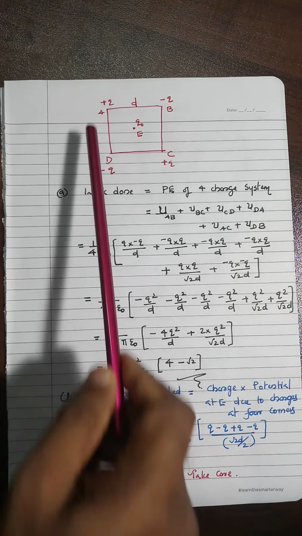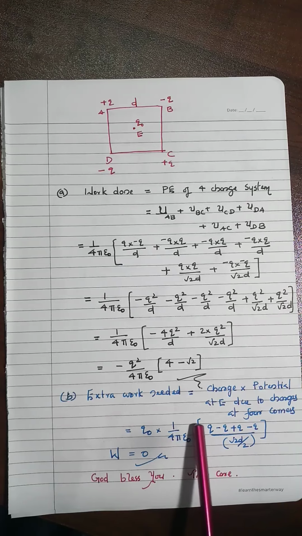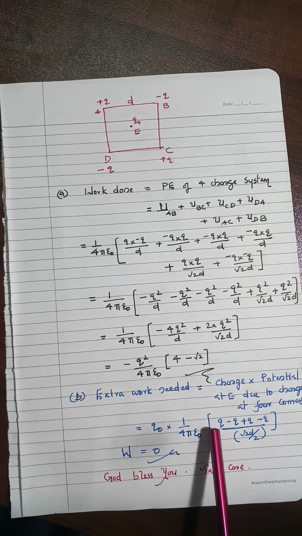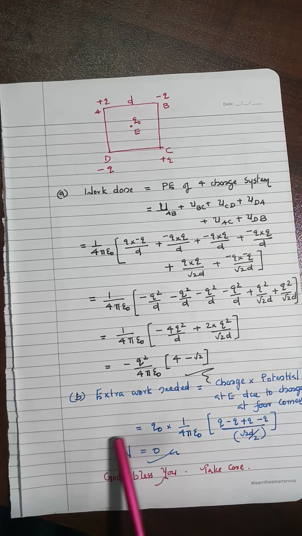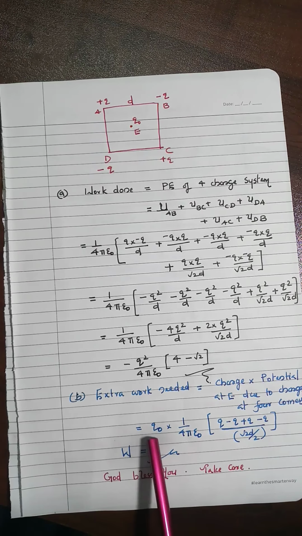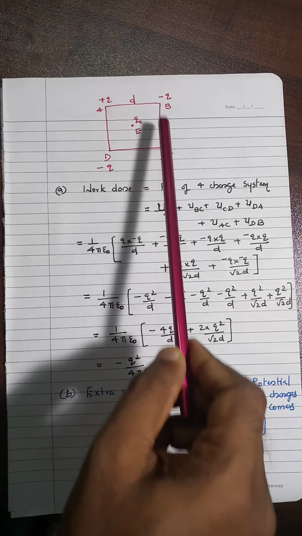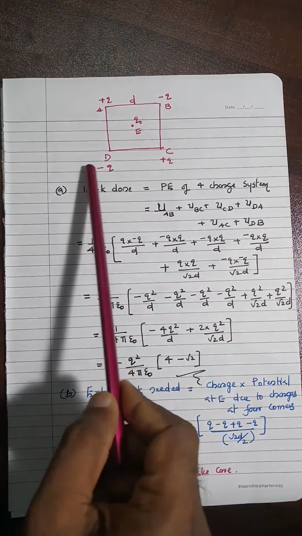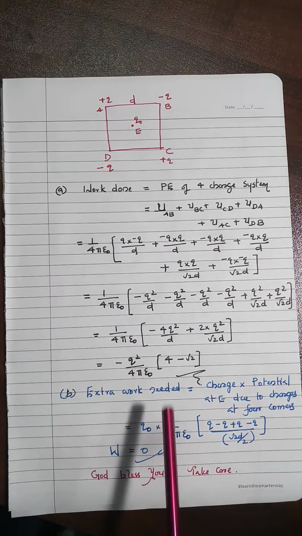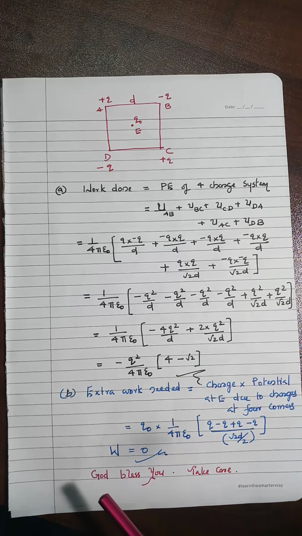Already you know the diagonal is root 2 d by 2. But here look at the numerator. Q minus Q plus Q minus Q becomes 0, and hence work done becomes 0. Already you know that point is equidistant from the other four corners, and also pairs are equal, and hence they cancel each other. So the work done becomes 0 at the point capital E.